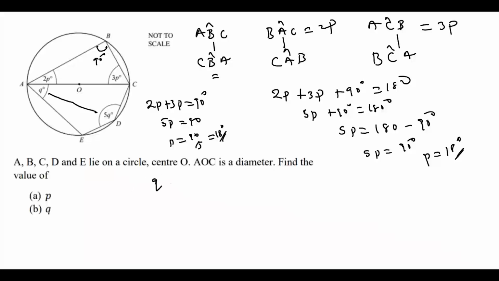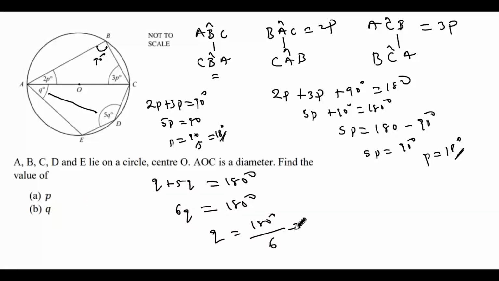So I can say Q plus 5Q should be equal to 180 degrees. Then this should be 6Q equals 180 degrees, and Q should be equal to 180 degrees over 6. If you do that, you should get 30 degrees. That would be the value of Q.